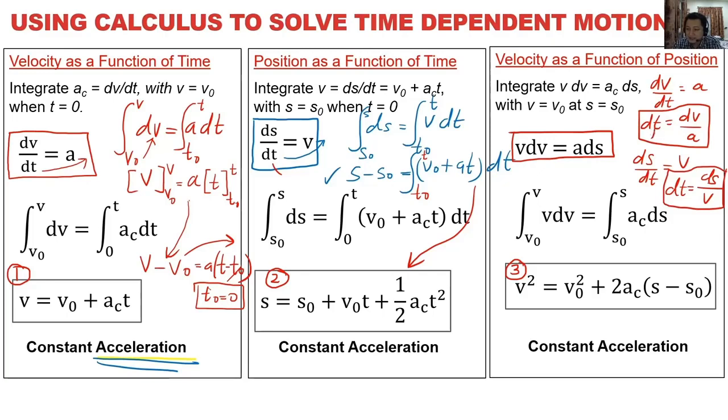So dt is the same as this one, and you can equate them both. dv over a is equal to ds over v. So bring this one here, and you're going to get v dv is equal to a ds. From this one, we can integrate once again, and we're going to get the third equation.